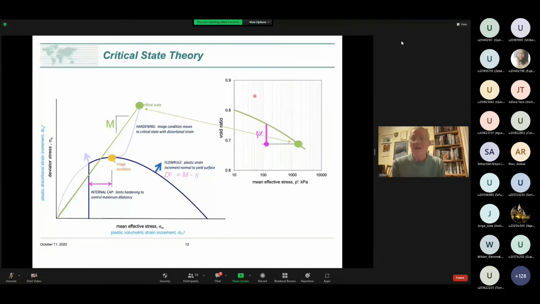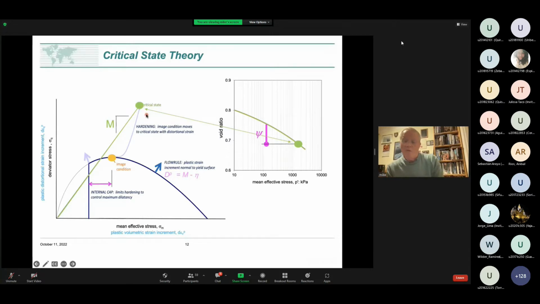So on the right, I've got an e log p plot, and my green line is my critical state locus. Now, if I'm at this current void ratio here, just say, then the stress for that void ratio in the critical state is this green dot here. And that stress is in the critical state. This is a line of the critical state. So that gives me the stress measure of where this point is. So I've now linked void ratio to my end condition.